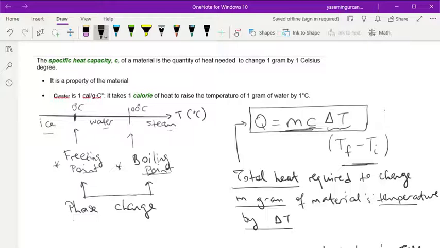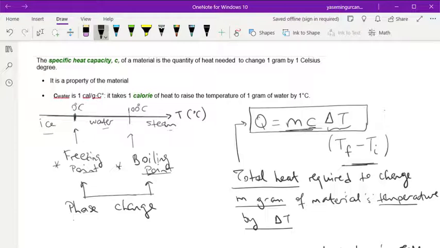C is for 1 gram. If you have m gram, then mc is for m gram of material's temperature change for 1 Celsius. And if you want to change the temperature of the material by delta T degree instead of just 1 degree, then you need to multiply mc with delta T. So this formula gives you the total heat required to change m gram of material's temperature by delta T degree.